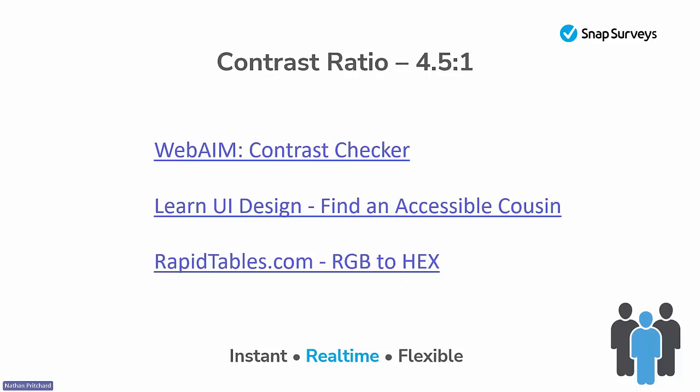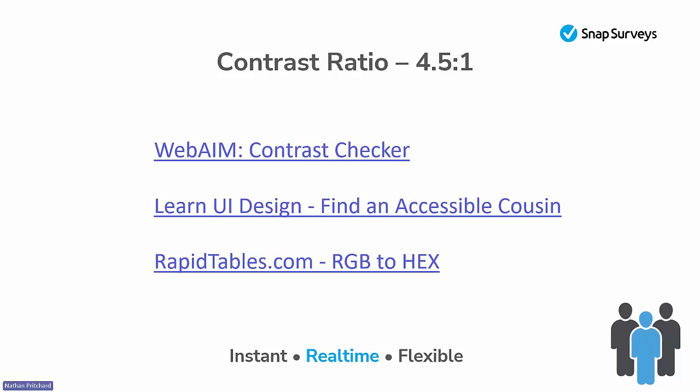When discussing images earlier, I mentioned contrast ratio. To confirm here, we're talking about how dark or light something is in relation to the background. So typically we're talking text color versus background color. The magic number here is 4.5 to 1, which basically means that the text needs to be 4.5 times as dark or light as the background it's sitting on.